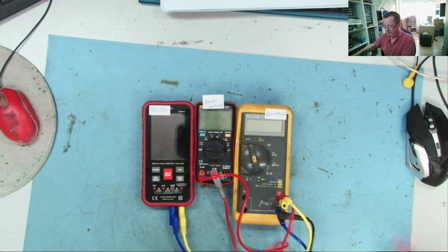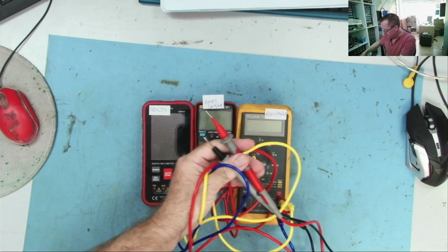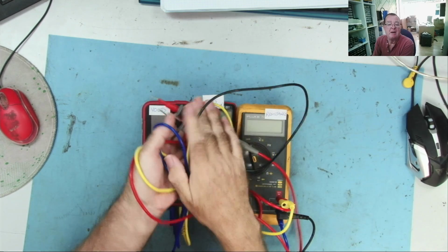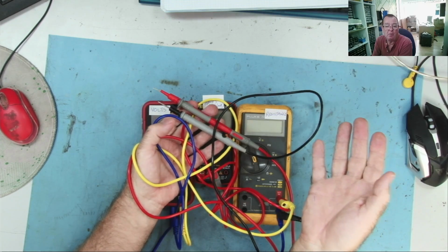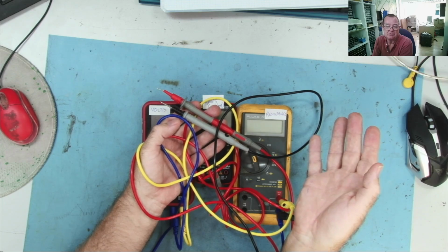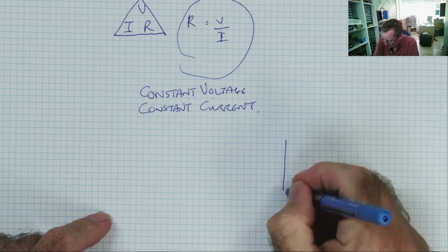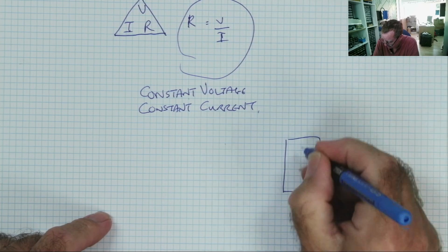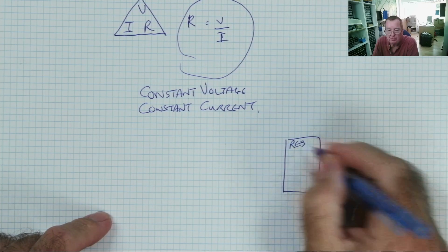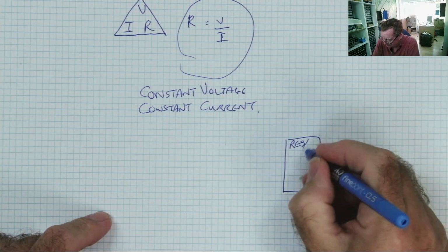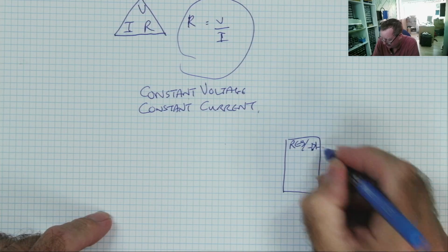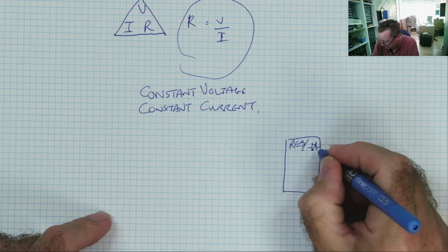Okay, now I can zoom out and show you how all this lot is wired up with a big jumble of wires here, but it's going to be easier if I just draw this on paper first so you understand what we actually have here to test the resistance with. So here is how I've wired up my multimeters. Resistance, I can't fit the whole word in there, so I'll put res slash diode, diode mode.